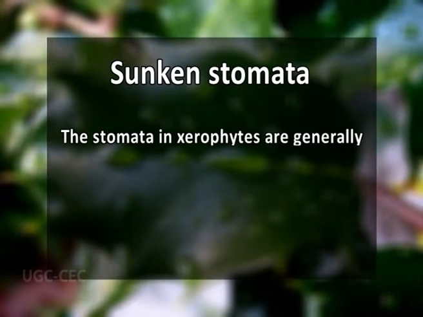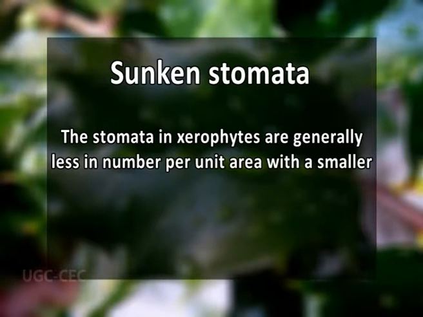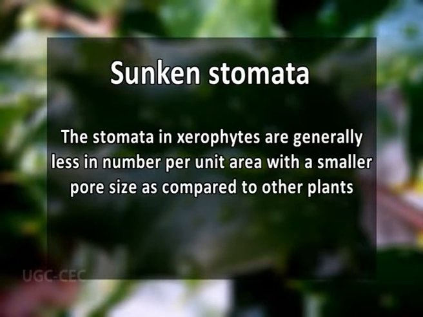The stomata in xerophytes are generally fewer in number per unit area with a smaller pore size as compared to other plants. In some xerophytes, the number of stomata per unit surface is more, but they still have a smaller pore size as compared to other plants.